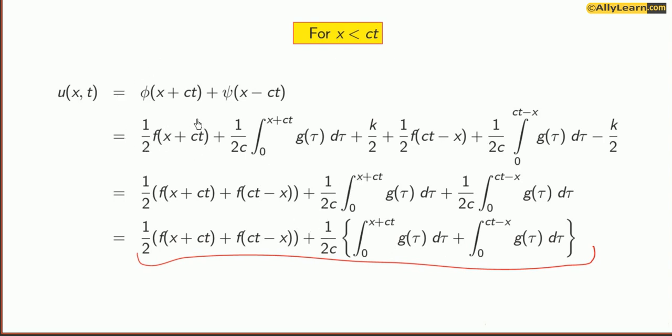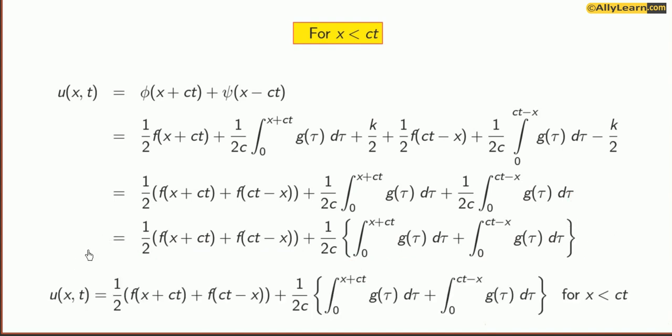For getting the solution, we just put the values of phi and psi we obtained on the previous pages, and upon cancelling k by 2 with minus k by 2, we received this expression, and then we just took 1 upon 2c common to get this expression. So now this is my final solution for the case x is less than ct.